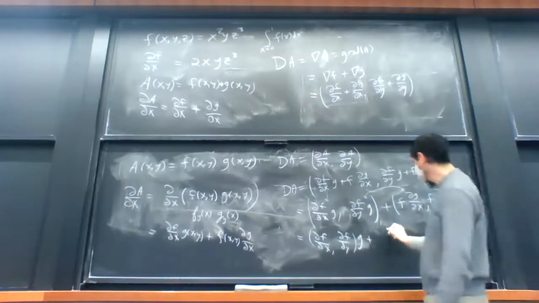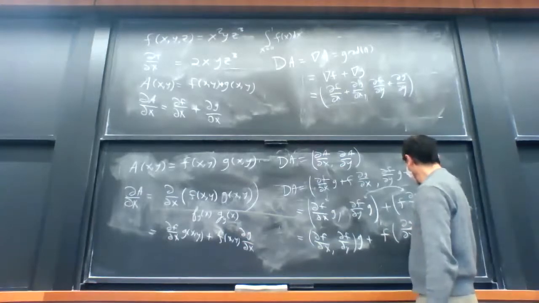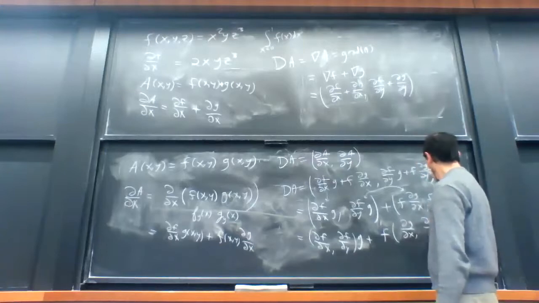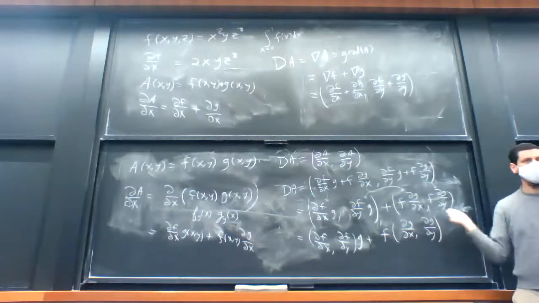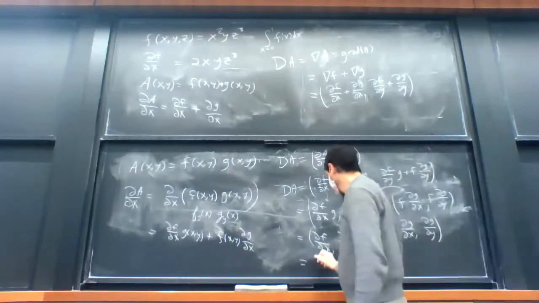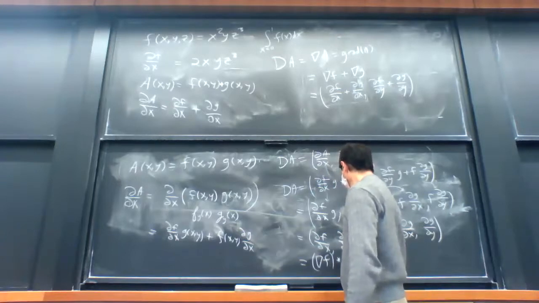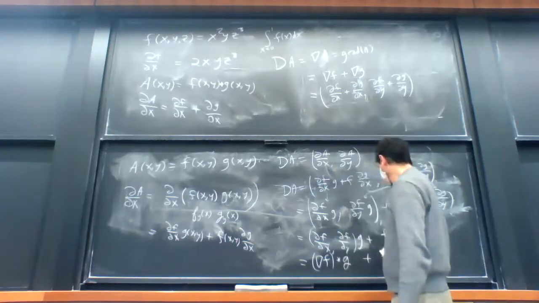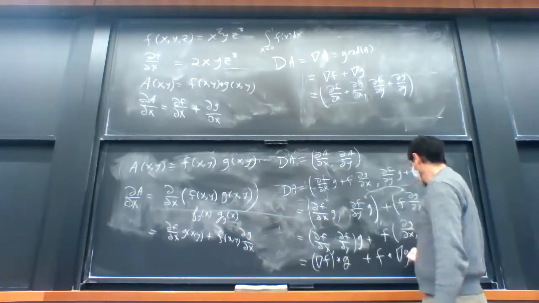Yeah, which we can pull out an f. It'll be dg dx, dg dy. Should I be worried about which side I pull out f to? No, f is just a number. So this is actually the gradient of f times g plus f times the gradient of g.